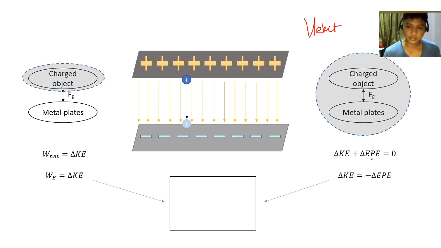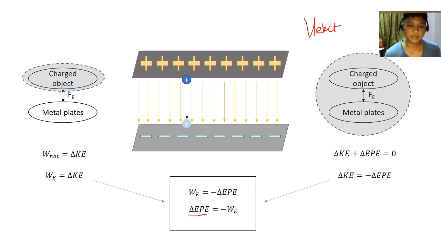Manipulating that previous equation, we have delta KE is equal to negative change in EPE. We can actually combine. See, both equations have delta KE. And I put it in a box because it's one of the most important equations in electrostatics and electric physics. Here, the work done by the electric force is equal to the negative change in the electric potential energy of the charge.